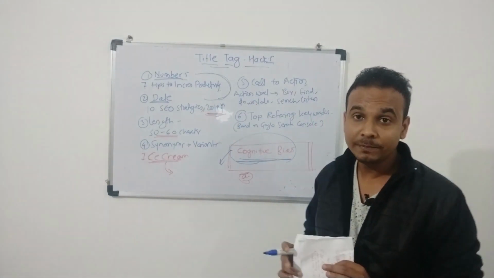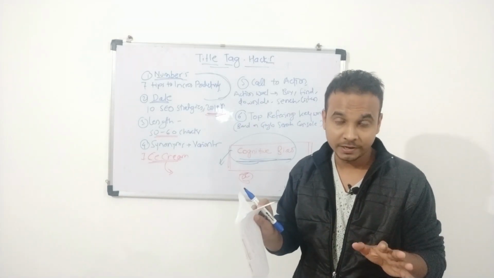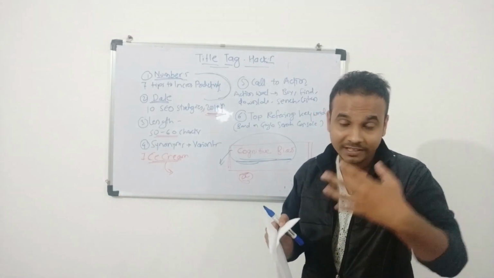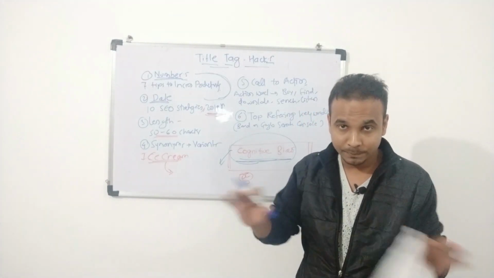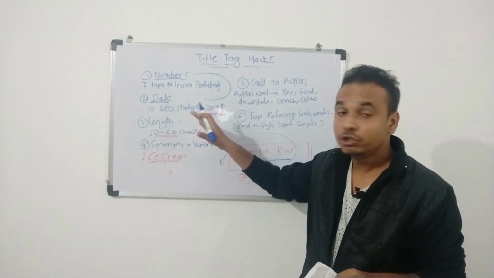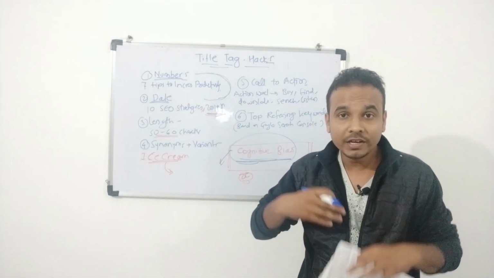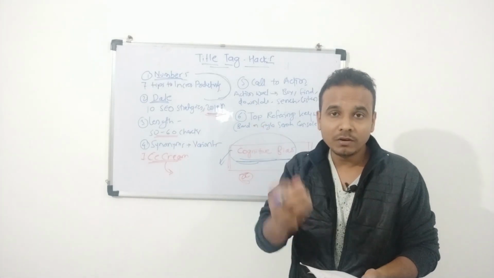Online user behavior is completely different. The way we consume knowledge through books is completely different from the way we consume knowledge on the internet, because on the internet we want something fresh.